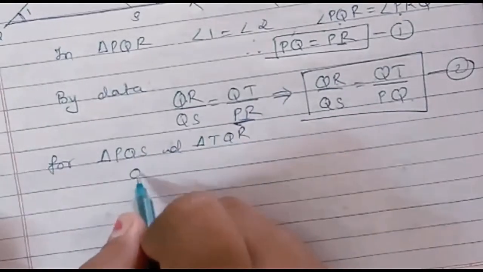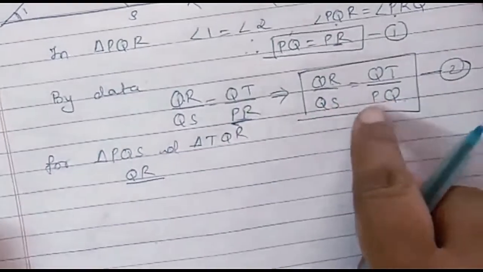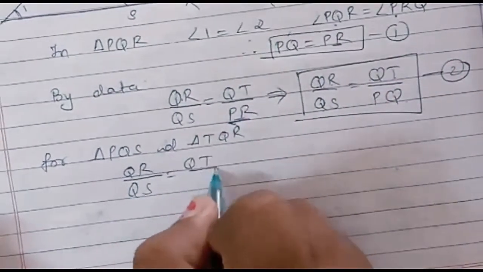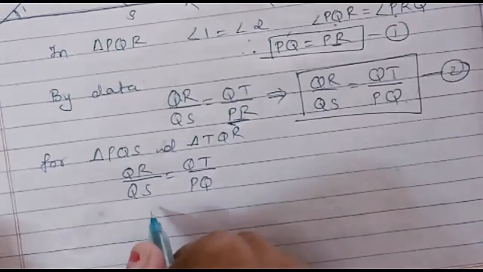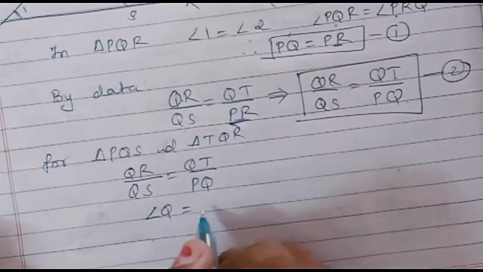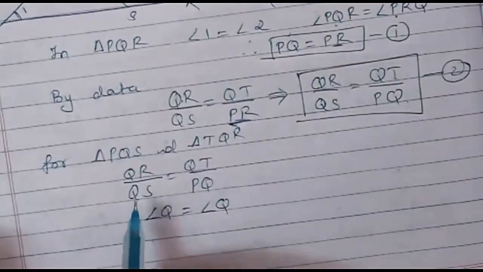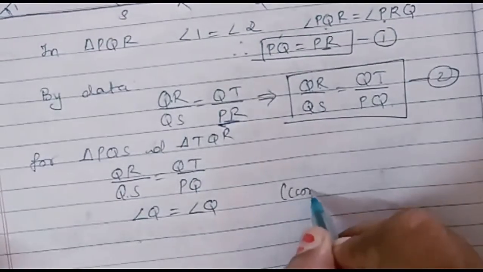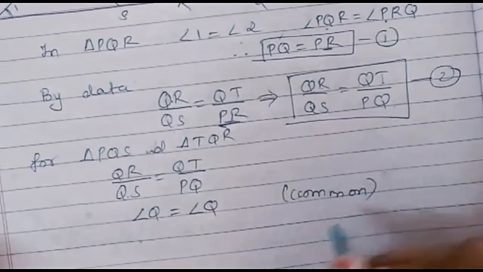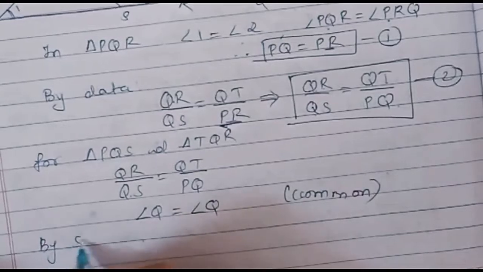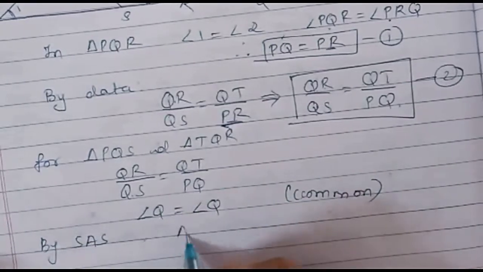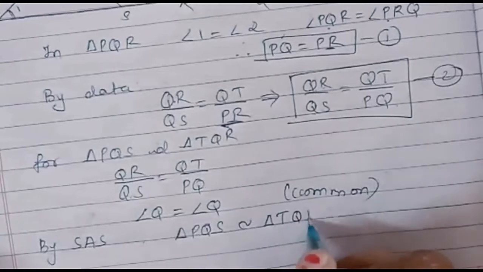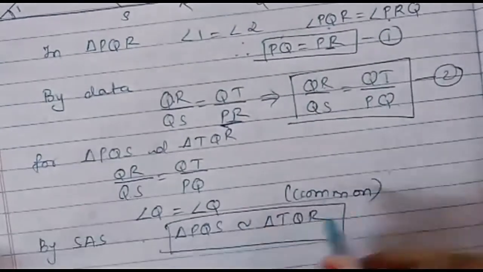We got QR upon QS is equal to QT by PQ, same result I am writing again, and also we have angle Q common. So two sides are proportional as well as Q is the common angle, right? So we can say by SAS criterion, triangle PQS is similar to triangle TQR, and hence the result is proved.